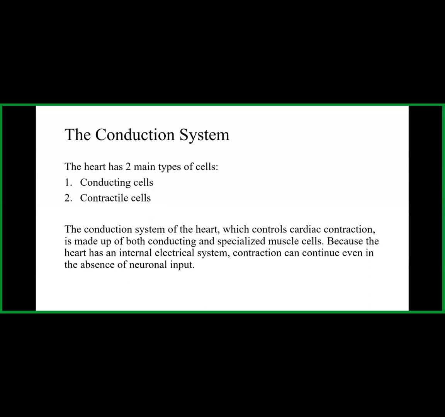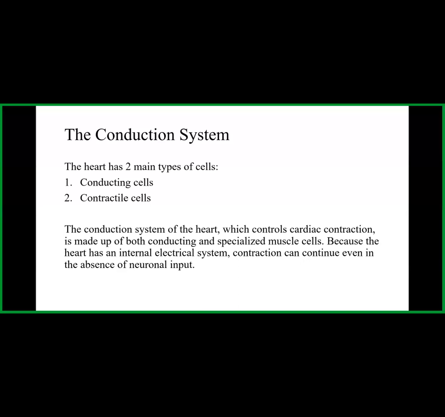Coming to the conduction system, the heart has two main types of cells. First, we have the conducting cells, which are responsible for generation and propagation of electrical impulses. Then we also have contractile cells, which are responsible for contracting following the receipt of electrical impulses.